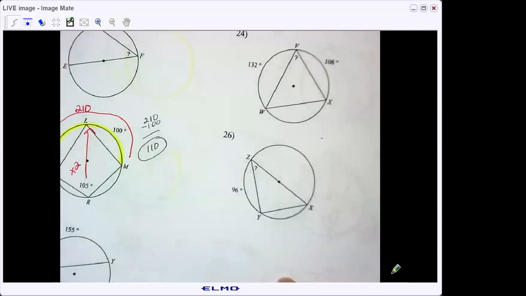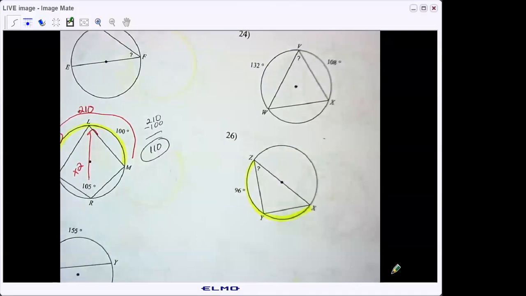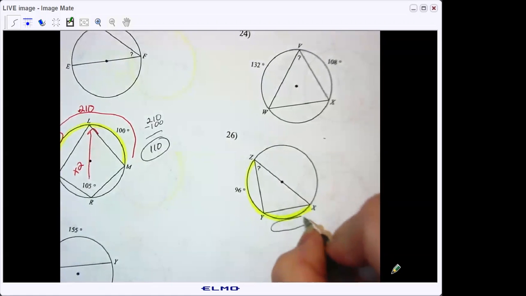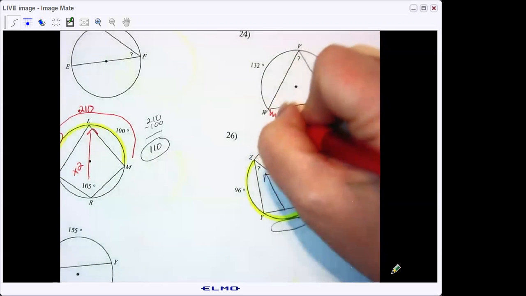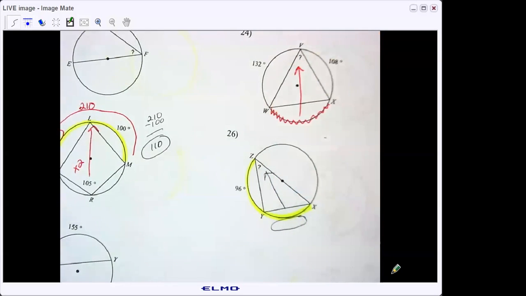26 is much like that in that we don't know until we find, well, we know the value of that arc. So I can find this first to find that. 24, I need to find this arc in order to find that angle.